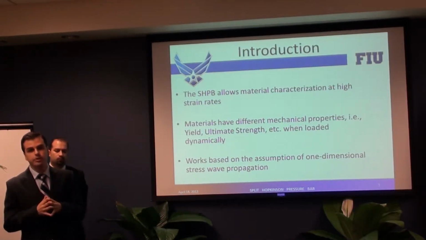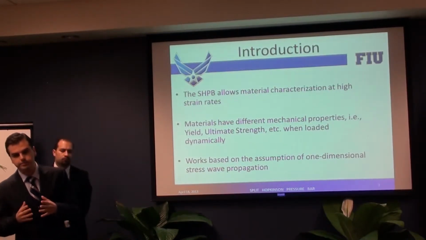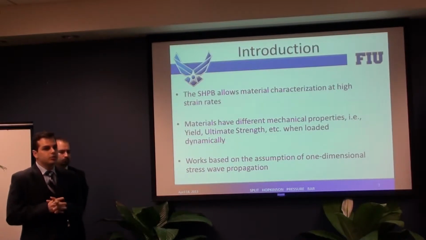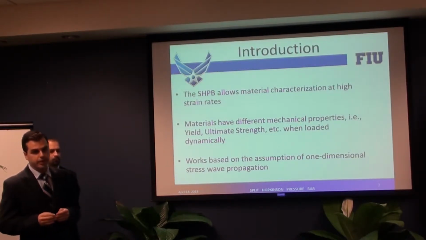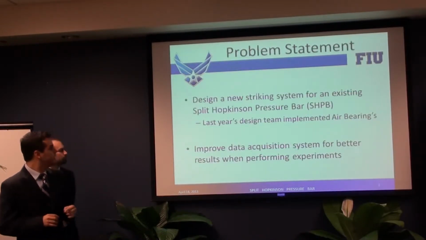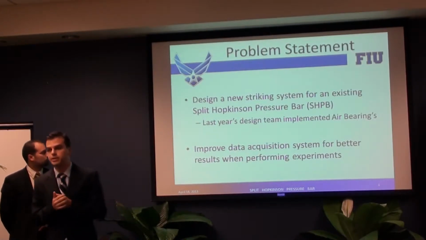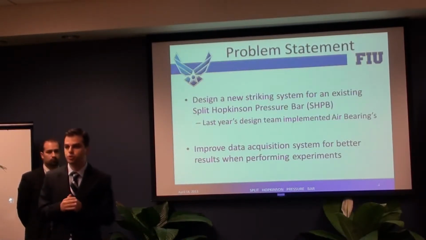The properties that we are interested in are such as yield point and ultimate stress, to name a few. So this is where the Hopkinson bars come into play. We're able to gather data from that dynamic loading. And as I said before, the main assumption on these Hopkinson bars is that one-dimensional stress wave propagation.